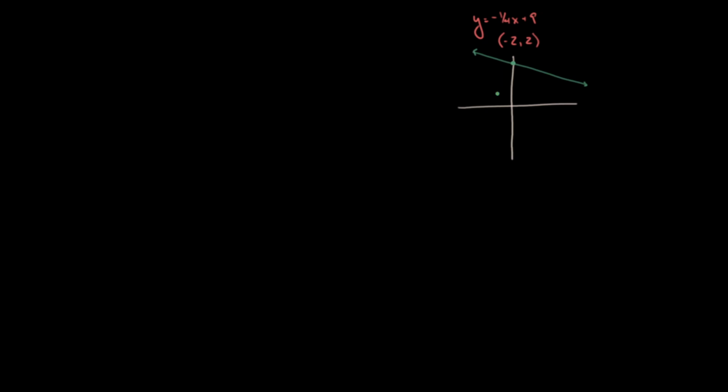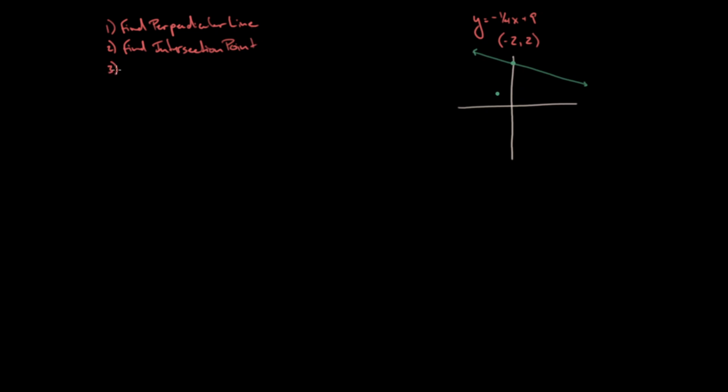So I'm going to write down my strategy here. There are 3 steps, essentially, that I'm going to be working with. Step number 1 is that I'm going to find the perpendicular line. Once I do that, I'm going to find the intersection point between my perpendicular line and my original line.